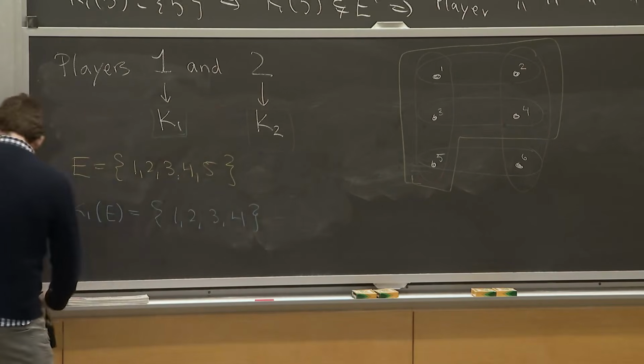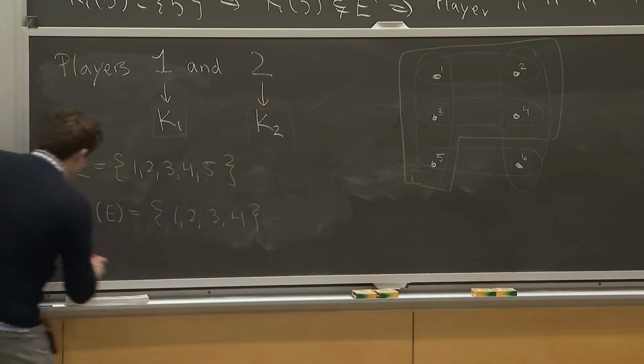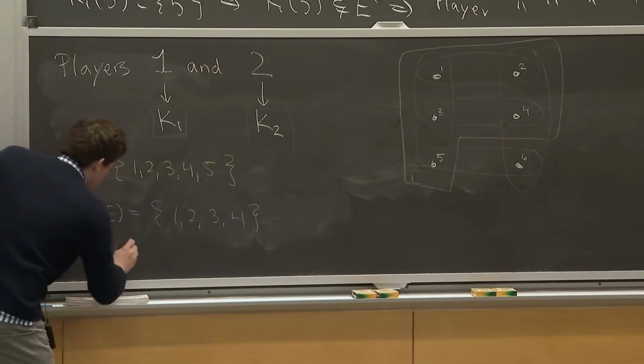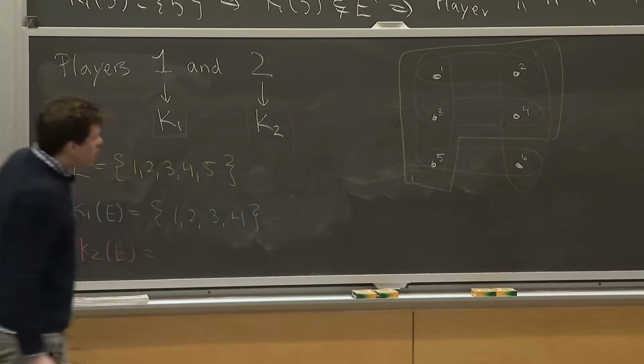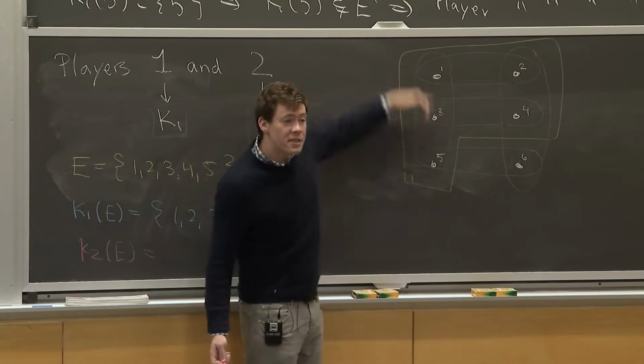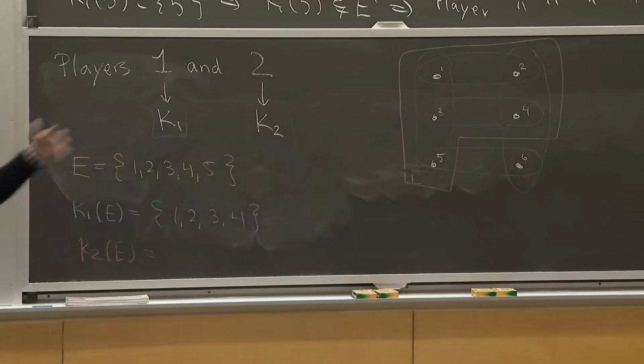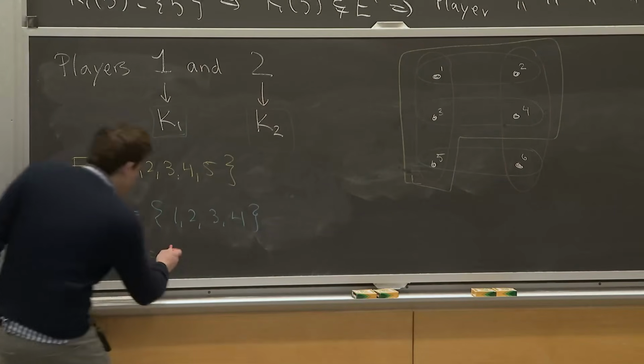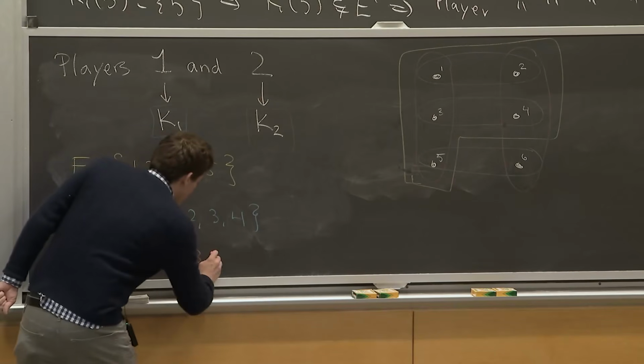Okay? And then we can ask, what about player 2? Well, similarly, player 2, it's only going to be 1, 3, and 5, because these are the only states that are in a cell that's contained in the yellow box. So we get 1, 3, 5.